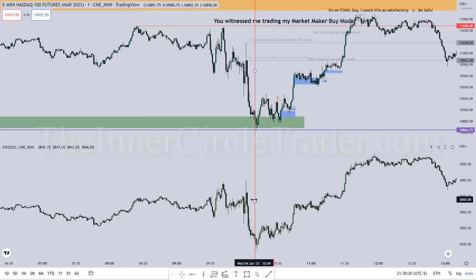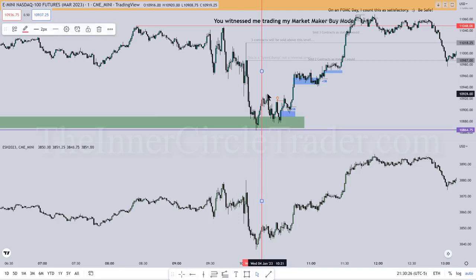Now watch what happens when I drag to the right, going forward in time. Okay, right there, we have this high higher than that high. Slightly higher than that high. See that? ES is not showing the strength to the upside that NASDAQ is here.